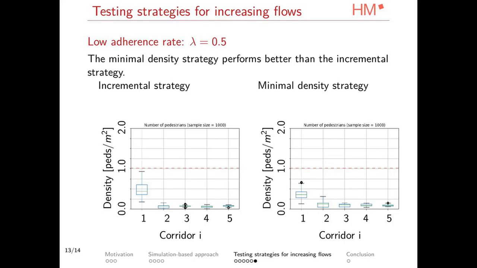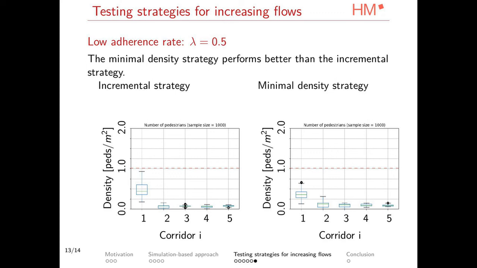So let's see how this affects the density distributions. On the left, you can see the results of the incremental strategy. On the right, you can see the results of the minimal density strategy. And you can observe that indeed the maximum value of the incremental strategy is higher compared to the minimal density strategy on the right-hand side.